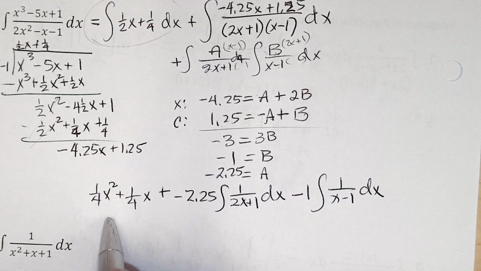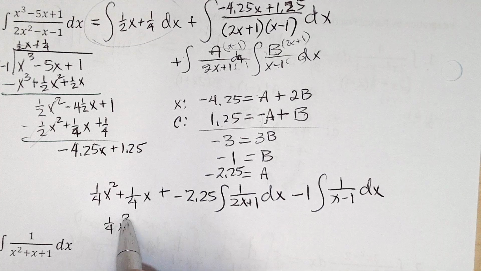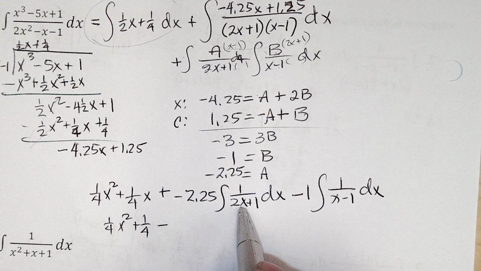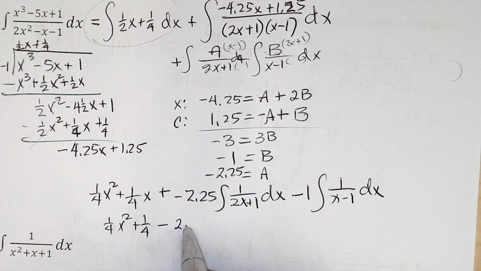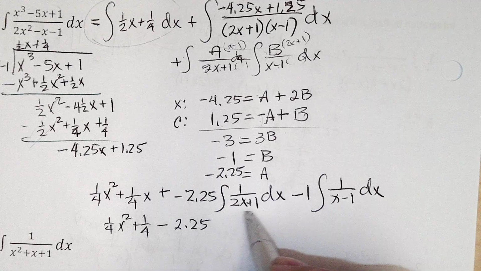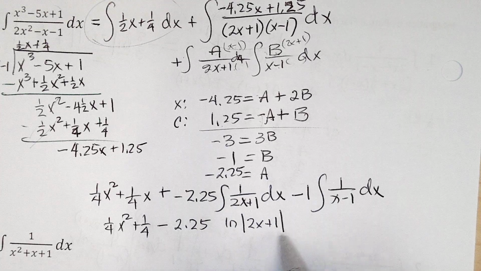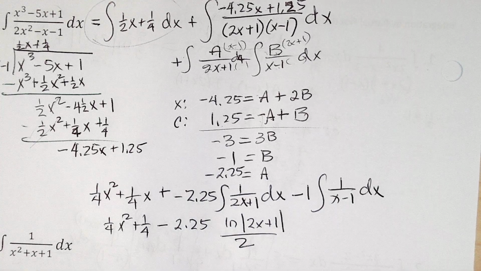So this becomes 1/4 x squared plus 1/4 x minus 2.25. Antiderivative of that is ln absolute value 2x plus 1. Chain rule is going to put a 2 out there, so we're going to divide by 2.